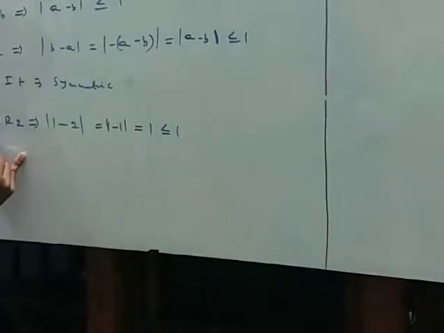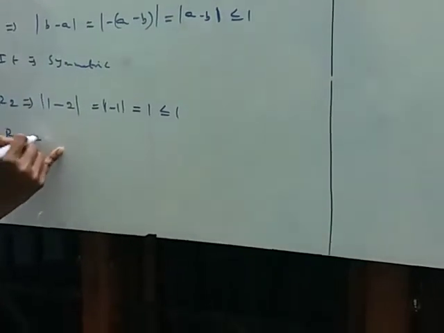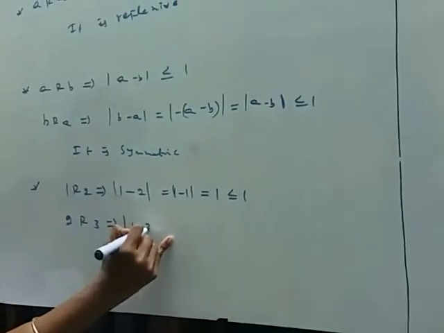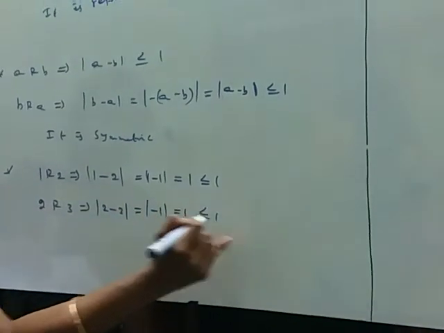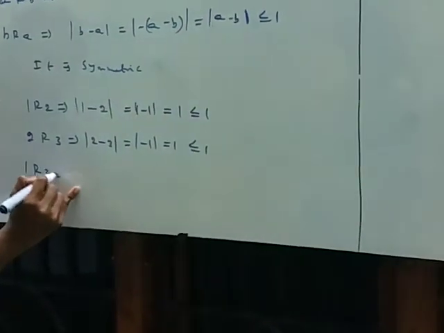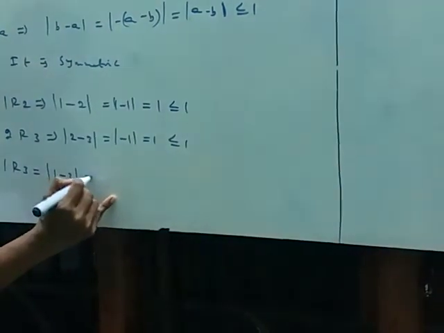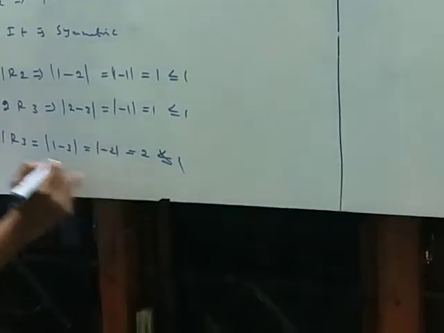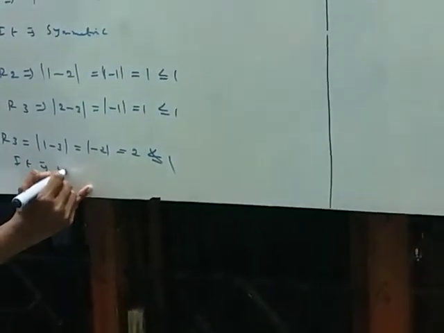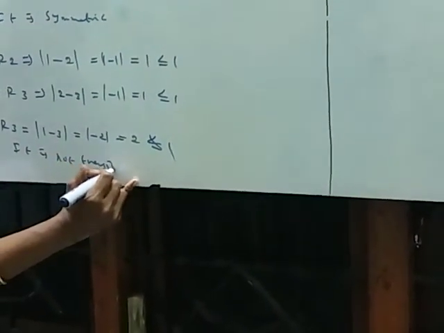And 2 related to 3, modulus of 2 minus 3 is equal to modulus of minus 1, 1 is less than or equal to 1. But 1 related to 3, modulus of 1 minus 3 you get modulus of minus 2, that is 2, which is not less than or equal to 1. Therefore it is not transitive. So here we have only reflexive and symmetric. The answer will be reflexive and symmetric.